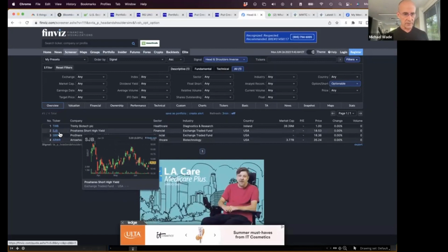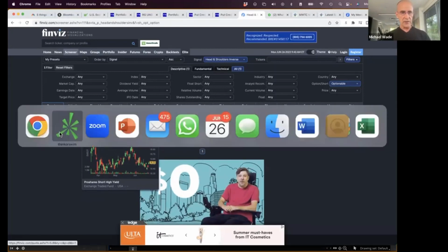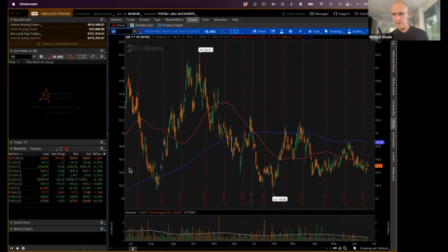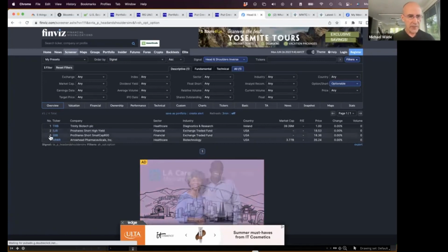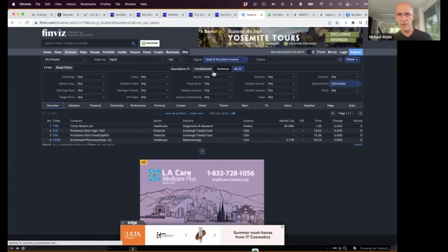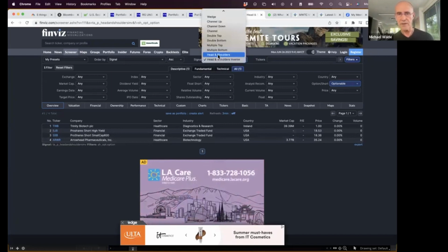Here's the short high yield ETF. Yeah, it's not a super great one. Here's your upside down head, here's your elongated shoulder. This is not a pretty one, but you'd have to sift through them. And maybe it's not as useful as I thought. I'm just looking through them and the patterns are not really good ones.